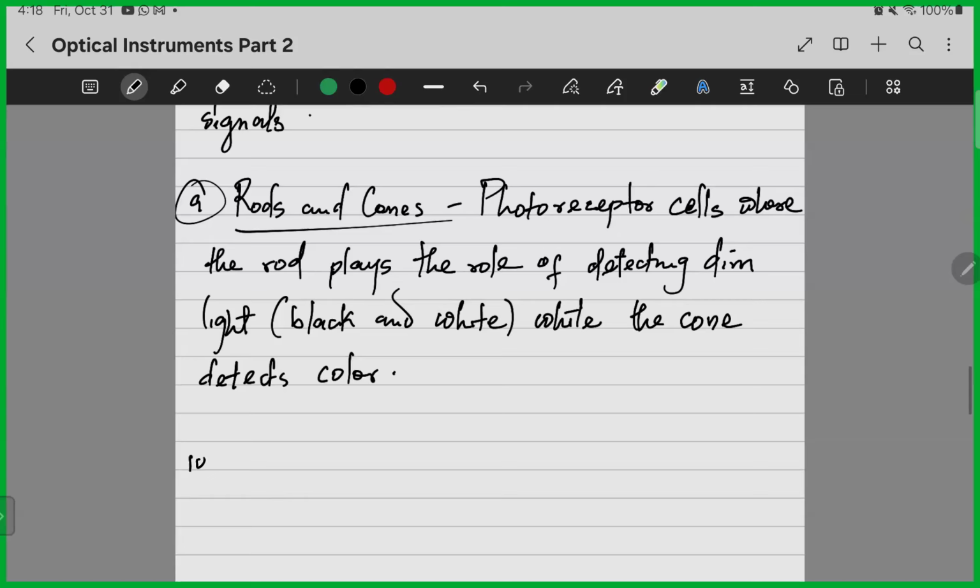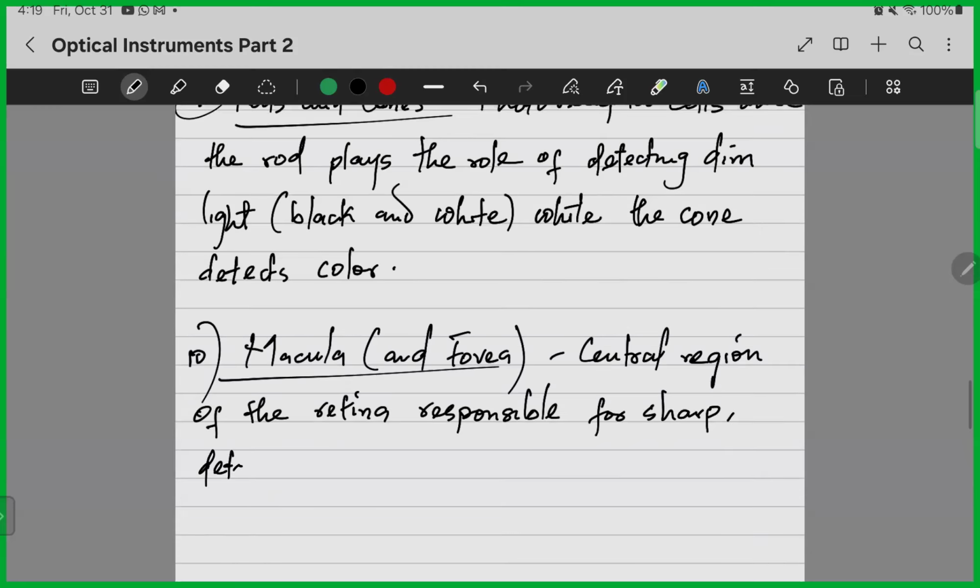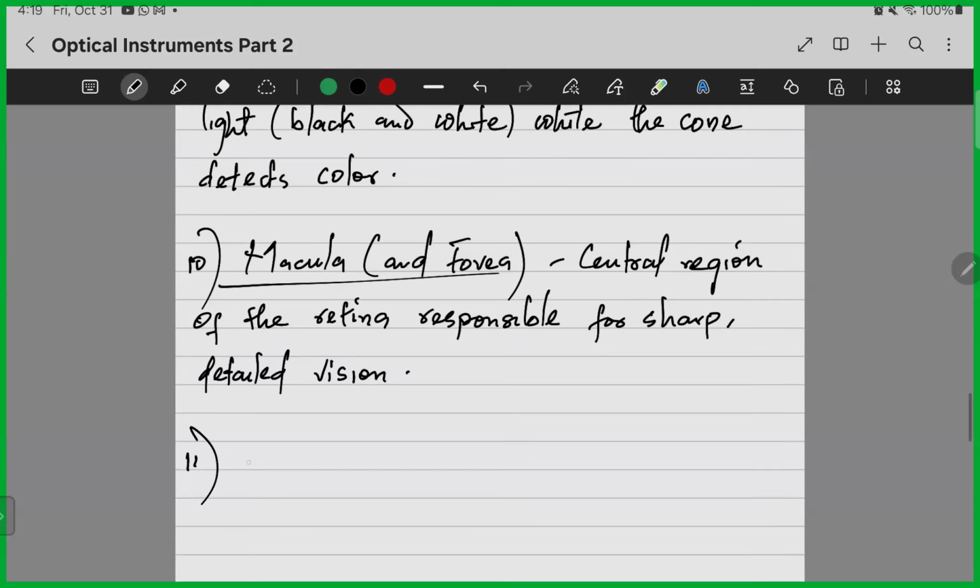So we are moving and reading and moving and improving. We talk about another part called the macula, M-A-C-U-L-A. Macula and fovea. This is the central region of the retina, which is responsible for sharp, detailed vision. Number 11, the optic nerve.